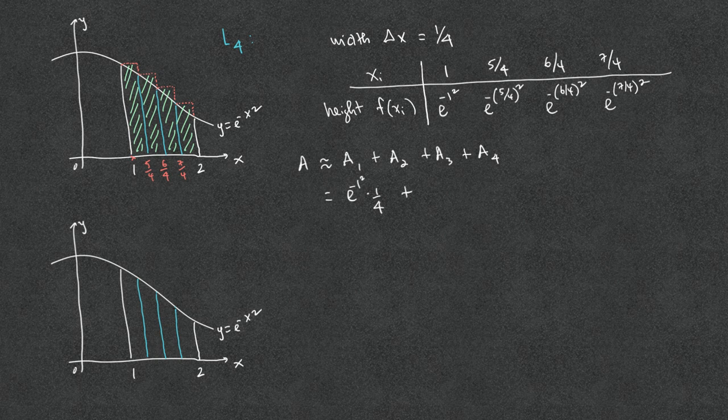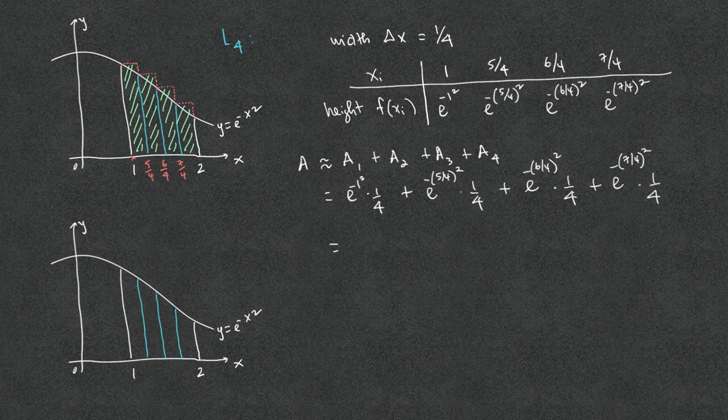The second rectangle has an area of height e to the negative 5 over 4 squared times the width 1/4. The next rectangle has an area of e to the negative 6 over 4 squared, that is the height, times the width 1 over 4. Plus A4 is e to the negative 7 over 4 squared times delta x, 1 over 4.